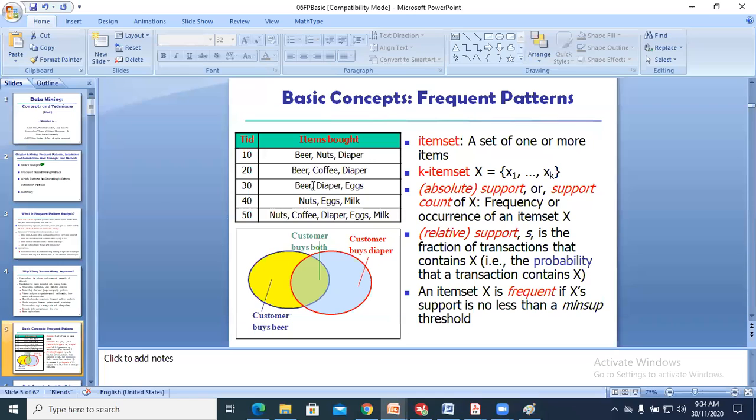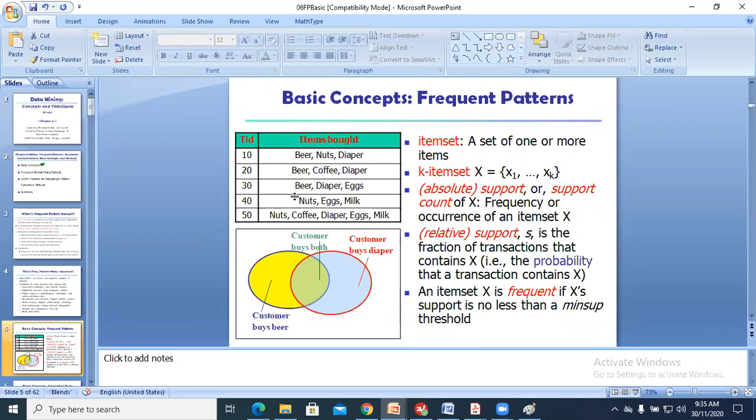Similarly, we calculate the relative support. Relative support is how many times beer is purchased among the total transactions, and we find its probability.